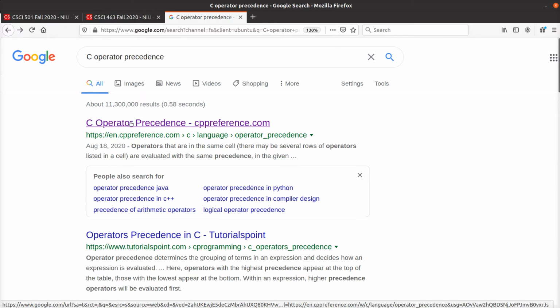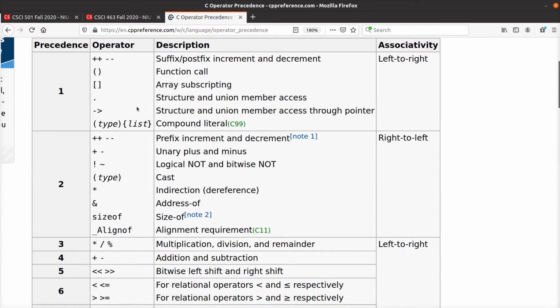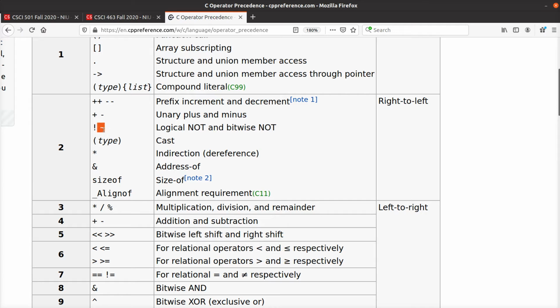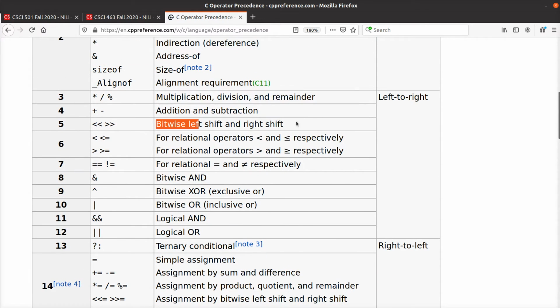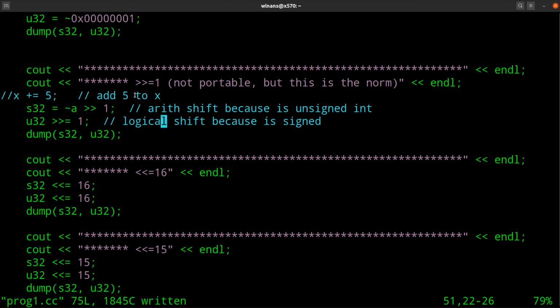It's like the minus sign when you're doing regular math. Google for operator precedence in C, and then go find one of these pages, and they got a chart in here. So it says, for example, the tilde is here, and you can see the bitwise left and right shift are down here. Therefore, we know it will do the tilde A, then it will do the shift, okay?